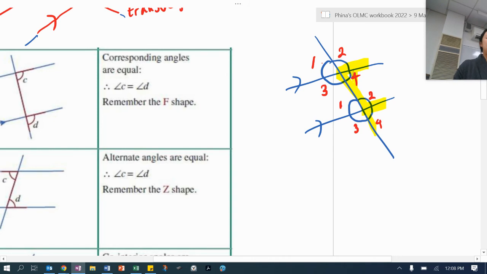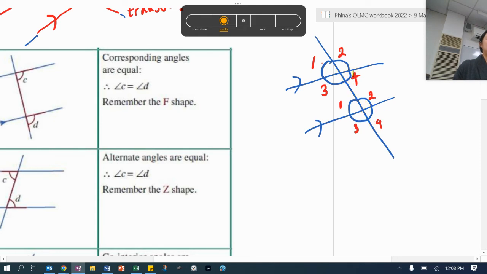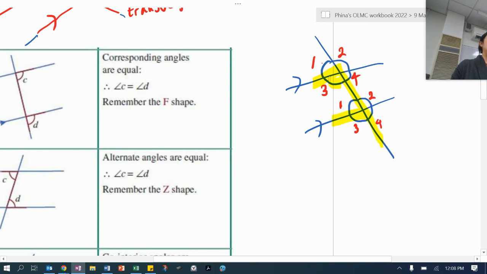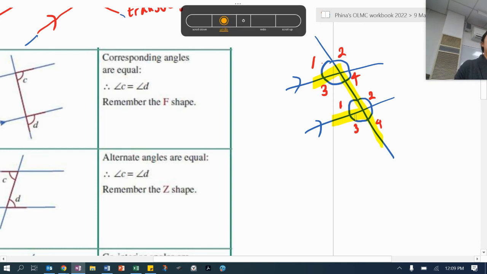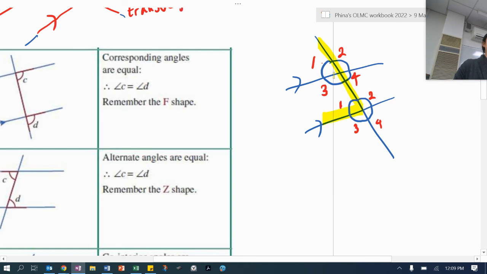If I turn the F into a mirror image, like this, a backwards F, in the corners of the F, they're corresponding. Then if I go upside down F, like that, these two in the corners, they're corresponding.